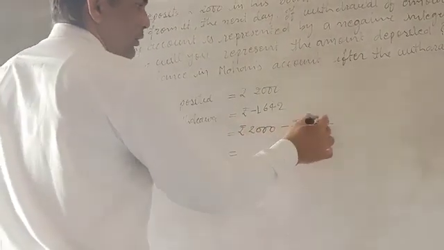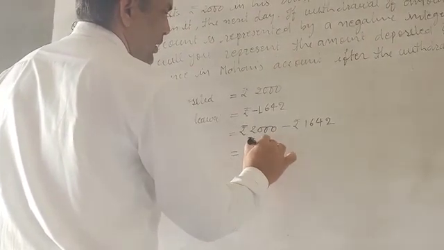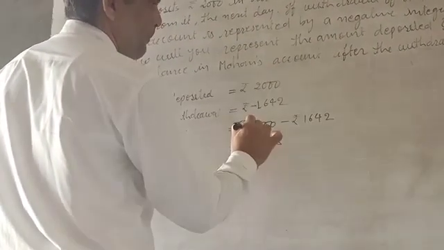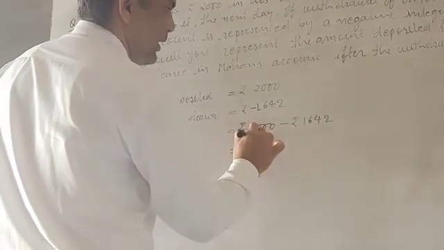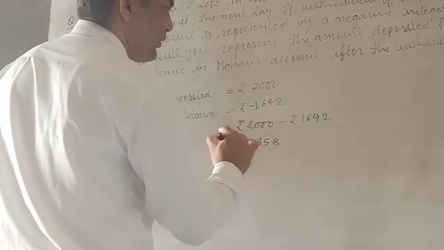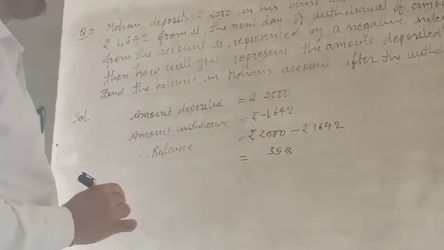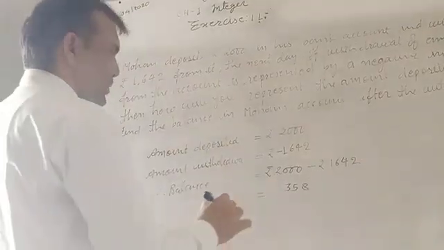Therefore, 10 minus 2 is 8, 9 minus 4 is 5, and 9 minus 6 is 3. 358 rupees.